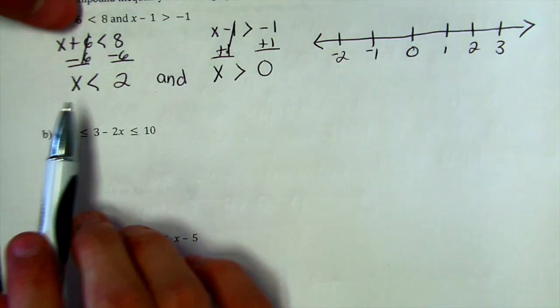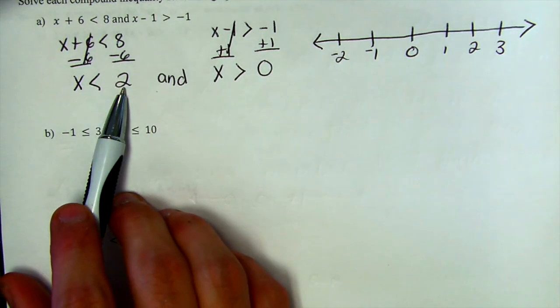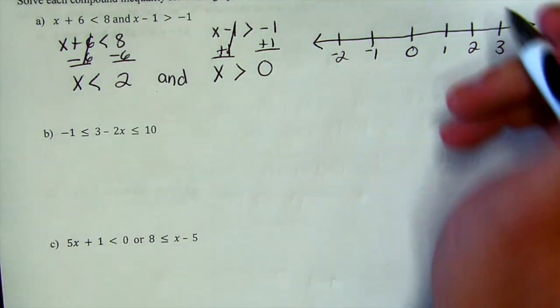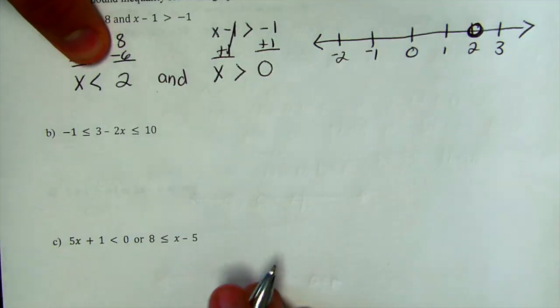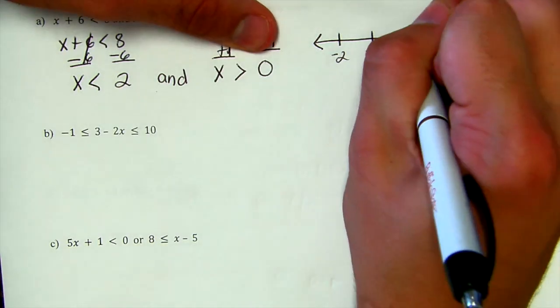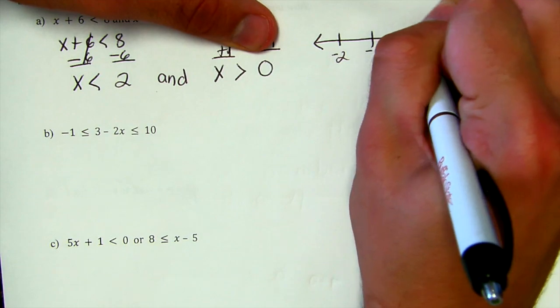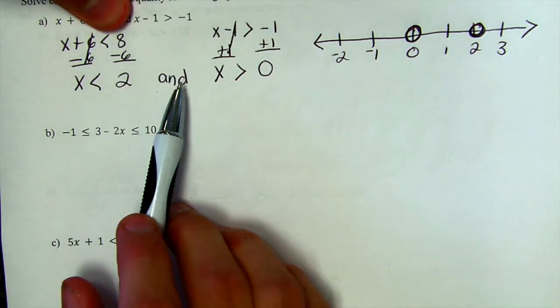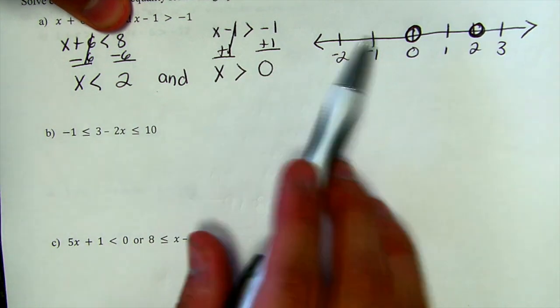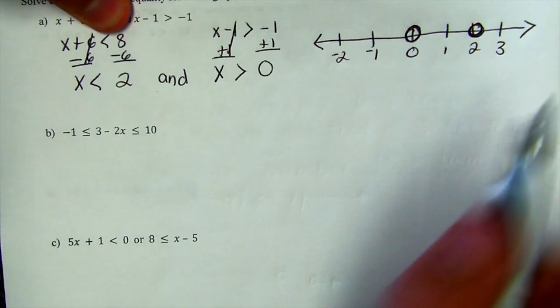Now let's graph x is less than 2. We go to 2, and since x is less than 2, we're going to have an open circle at 2. And then at x is greater than 0, we'll go to 0 and graph our open circle. Since x is less than 2 and x is greater than 0, the solution is in between 0 and 2.